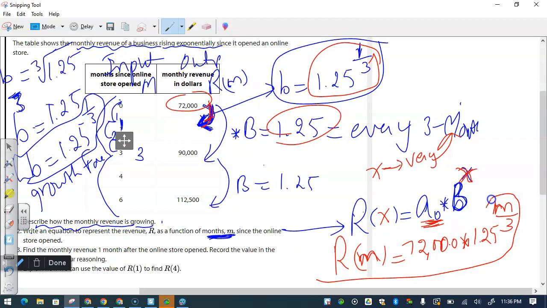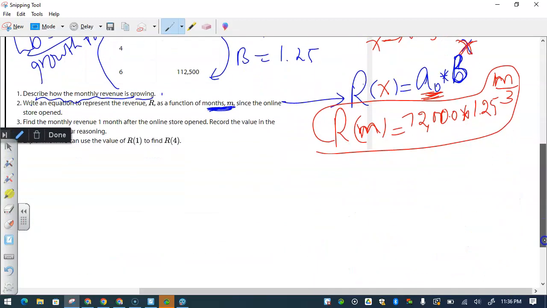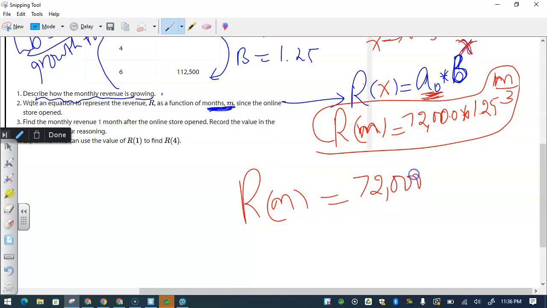Some of you may get confused about what this is. Look at this: R of m is 72,000 multiplied by the actual growth factor. Remember the b which I wrote earlier was 1.25 raised to 1/3. It's the same thing, that was the every month factor.